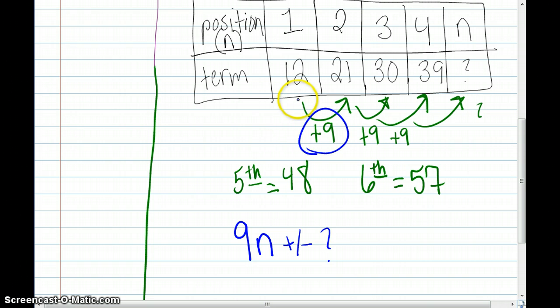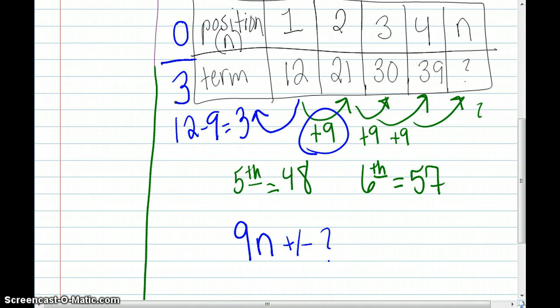So what we're going to do is go backwards, and figure out, well, what was that 0 term? If you know there was somebody standing in front of you, like the teacher in front of a line, what would her number be? Well, then you'd have to say, well, 12 minus 9 equals 3, so that number would be 3, and it's a positive. So in my equation, I'm going to come down here and I'm going to say plus 3.